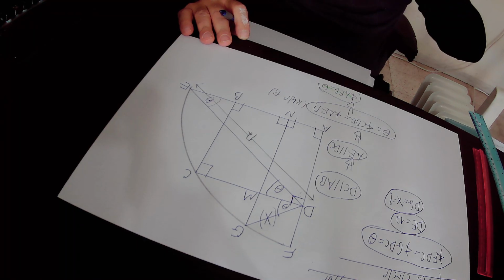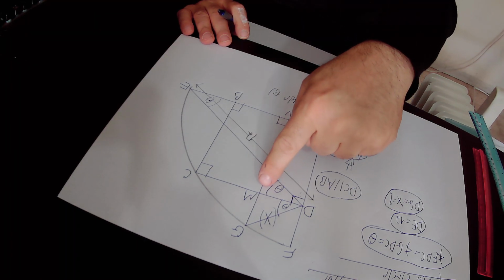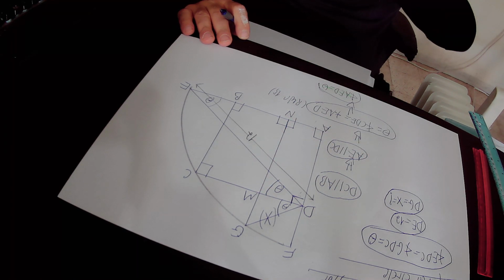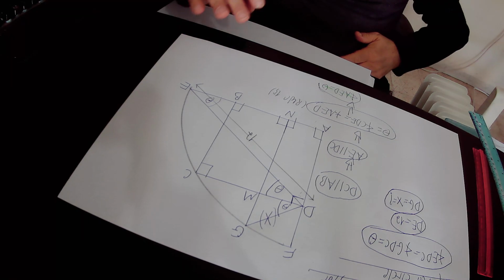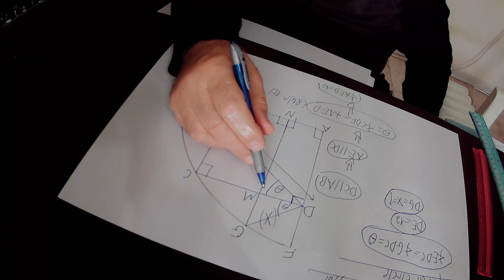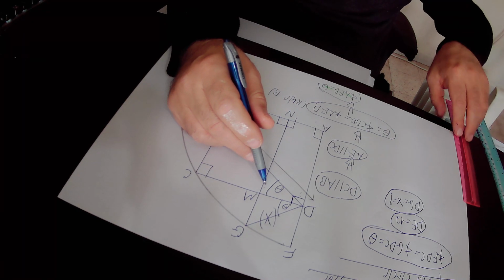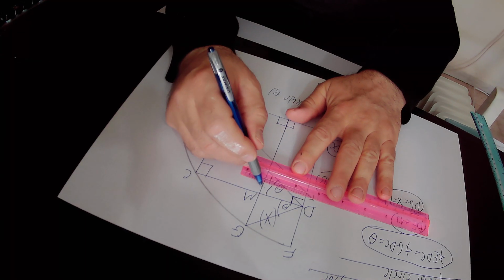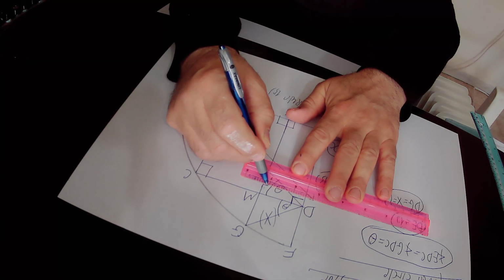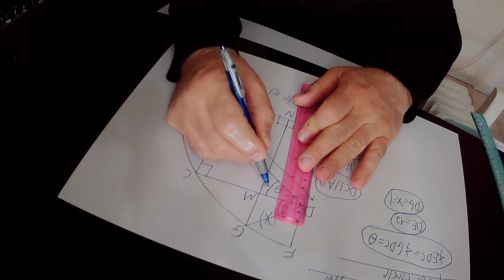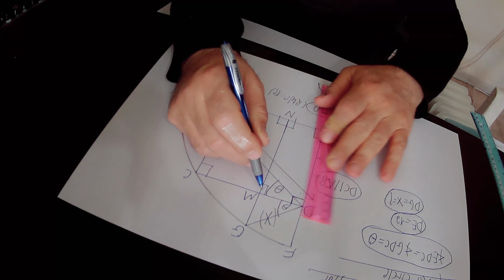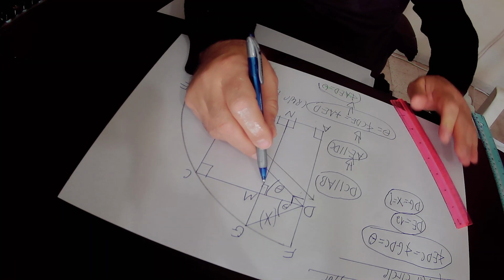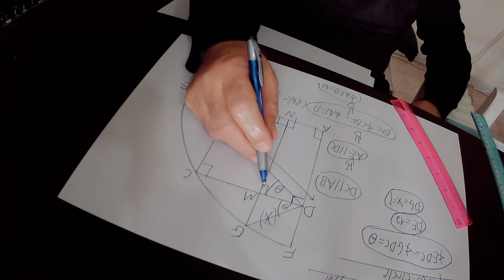So 270 degrees plus the size of the fourth missing angle must be equal to 360 degrees, according to the rule that the sum of the angles in any quadrilateral is 360 degrees. Therefore, this fourth missing angle must be 90 degrees, because 270 plus 90 is 360.